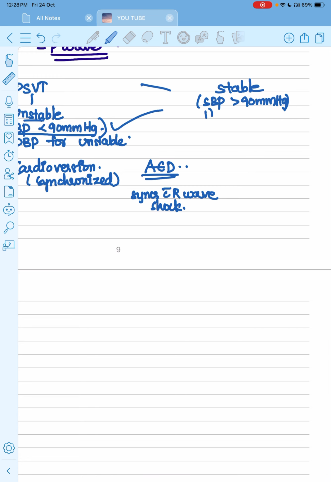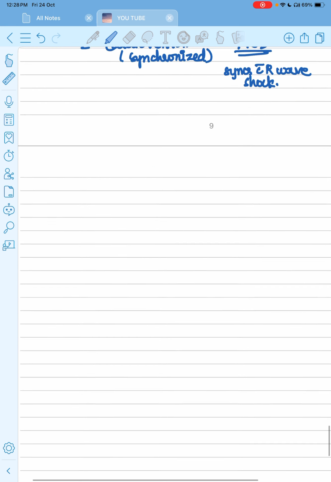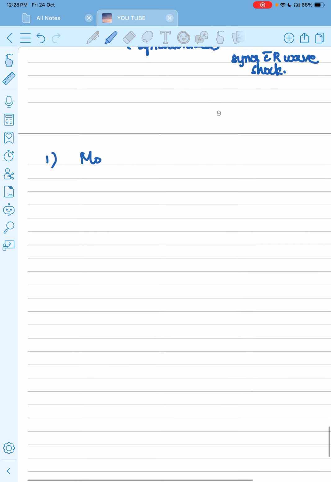In such cases, you have to first do certain maneuvers to decrease the heart rate. There are certain maneuvers that magically decrease the heart rate from 300, whatever it is more than 100, to normal heart rate. Such a maneuver is called modified Valsalva maneuver.